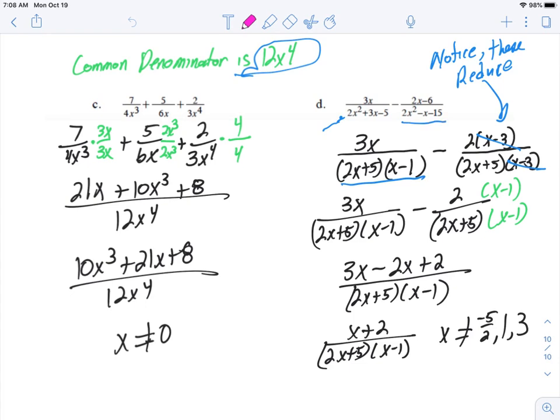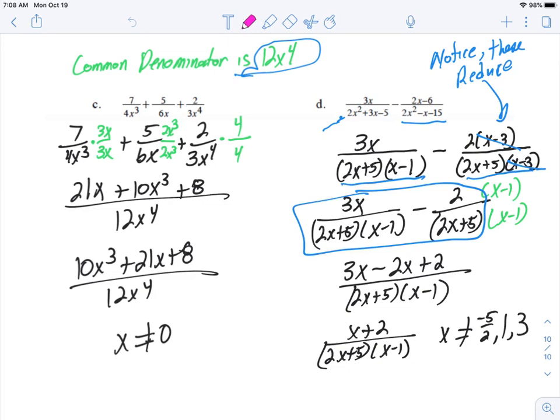In the second rational expression, you get 2x plus 5 times x minus 3. Notice how these reduce.